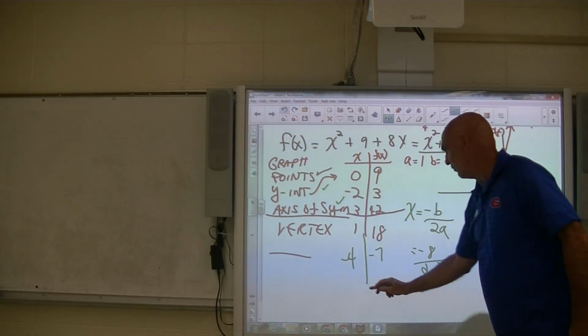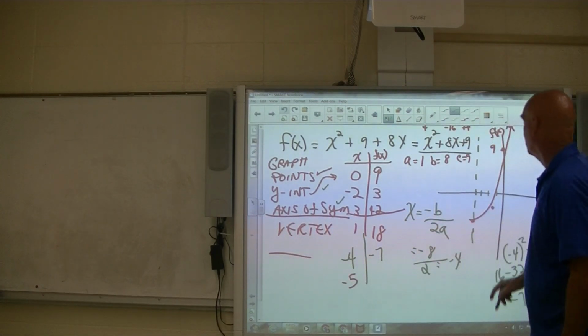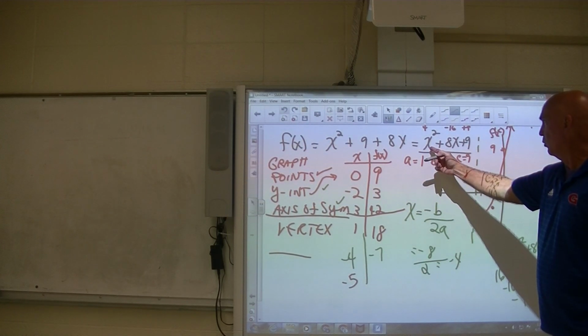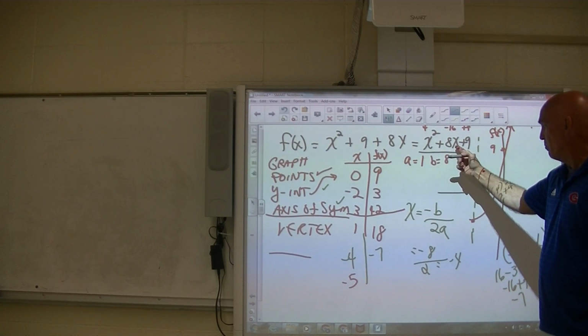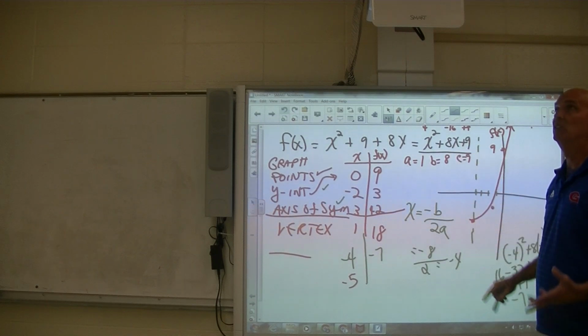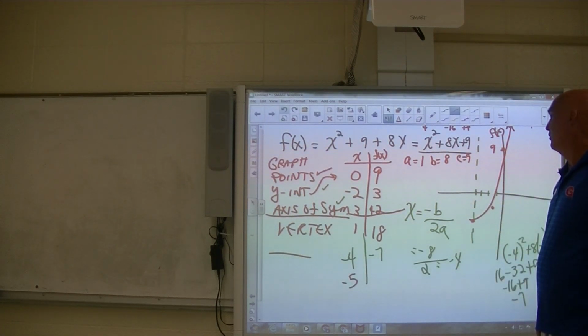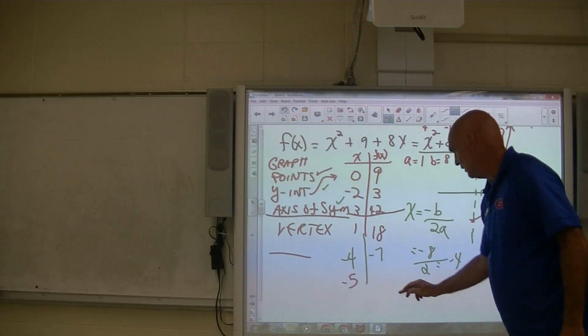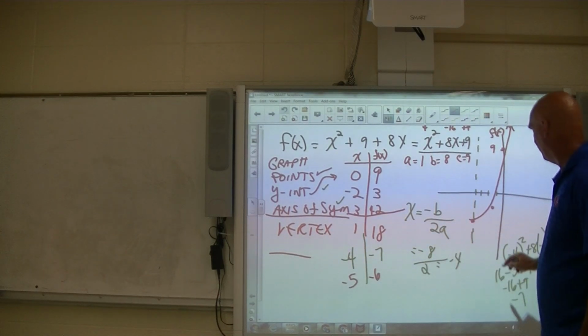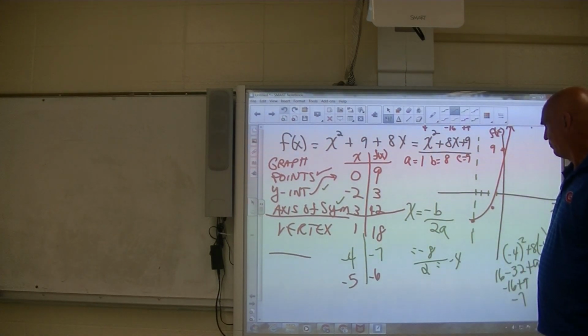So if we put in stuff like -5, we would see other numbers. We'd see -5 squared is positive 25, minus 40, which is -15. -15 plus 9 is -6. Let's see, that doesn't look right.